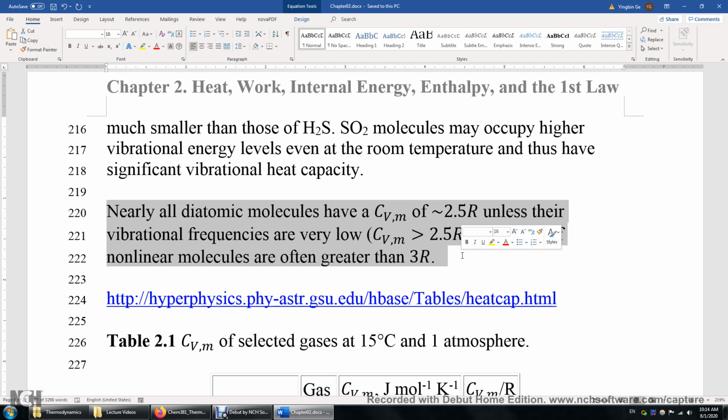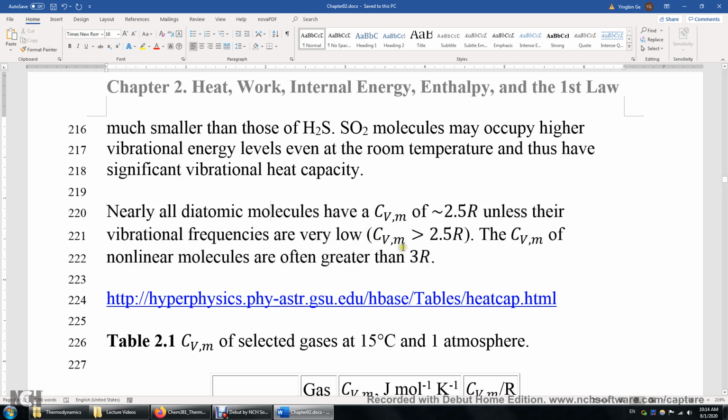Maybe a little bit from vibration, such as iodine 2. Okay? Nonlinear molecule, 1.5 R from translation, 1.5 R from rotation, and some from vibration. So usually it's 3 R or higher than 3 R.